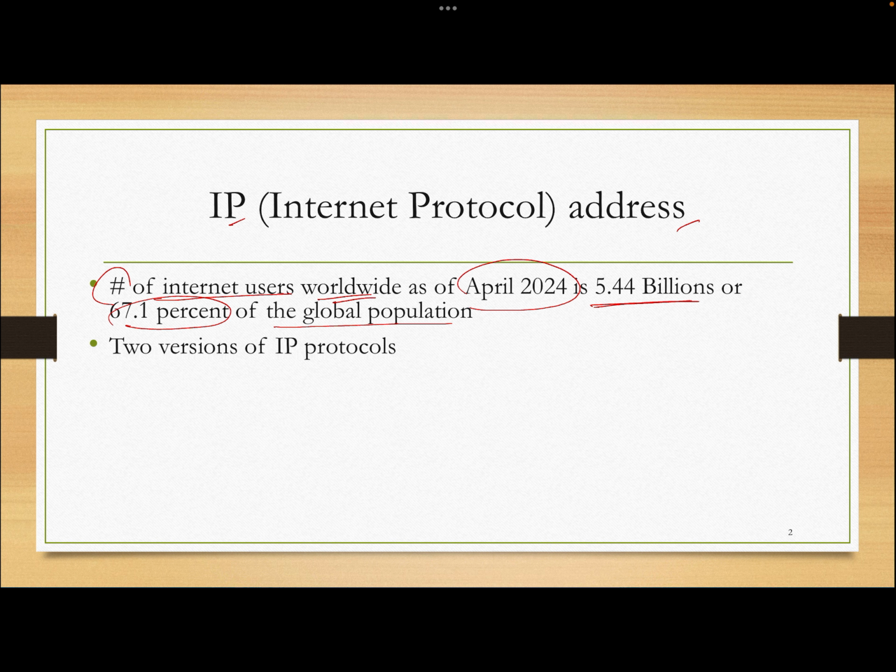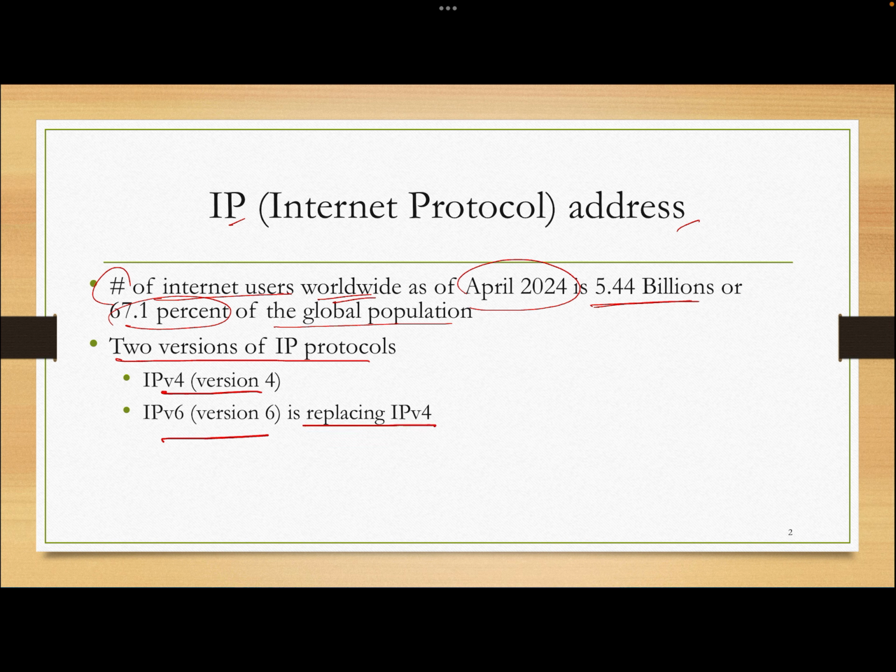There are two versions of the IP protocol. The first version is version 4. The second is version 6, and this is replacing version 4. The problem of version 4 is that many people are using the internet, and the inventor of the internet didn't foresee that everyone will use the internet.